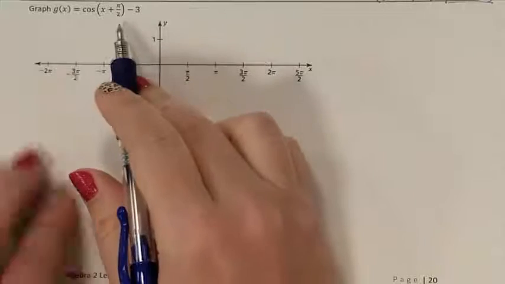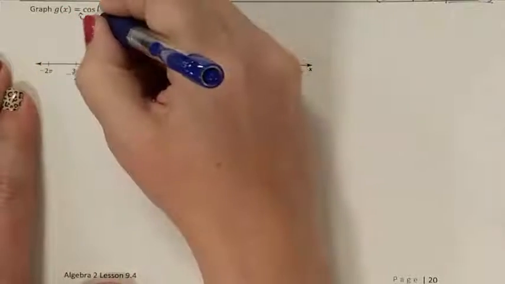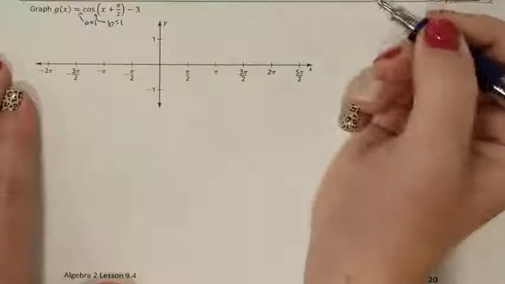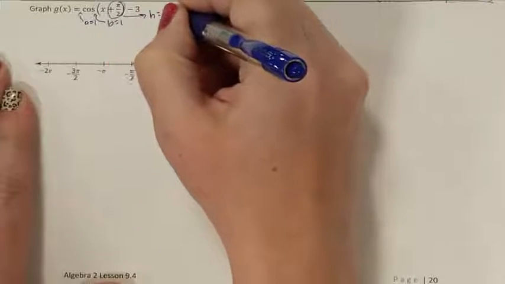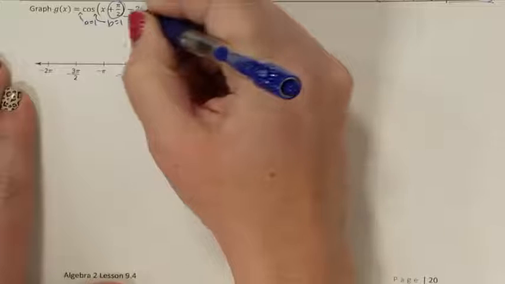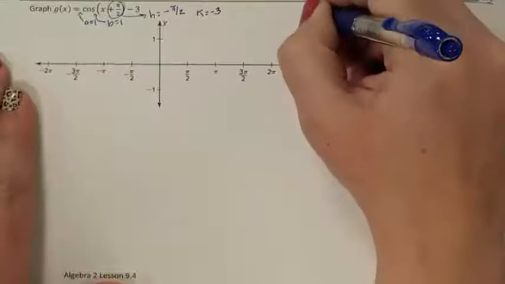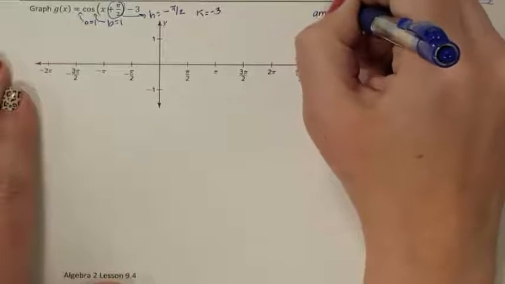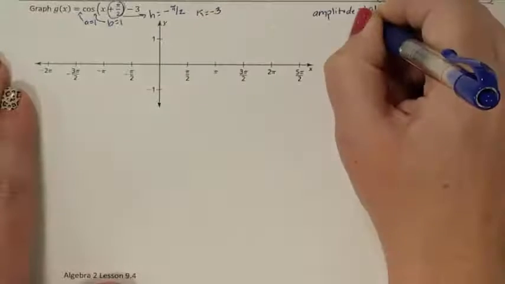Now we're going to be graphing this cosine function. My a is 1. My b is 1. The value that you are subtracting is a negative pi halves, and I see that my k is a negative 3. So to be able to graph this, the first thing I need to find is my amplitude, which is the absolute value of a.